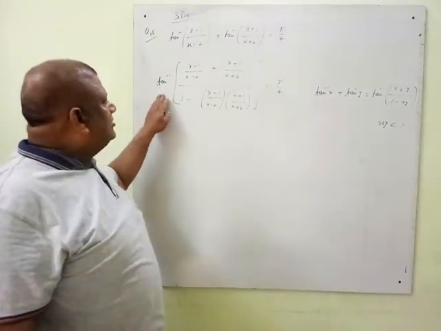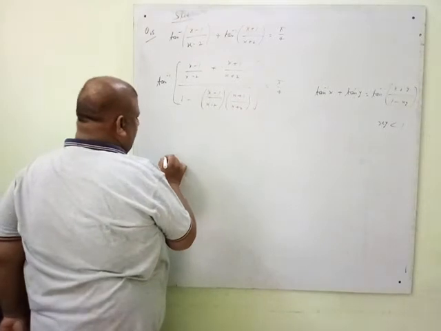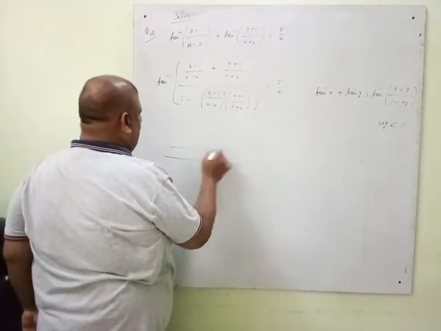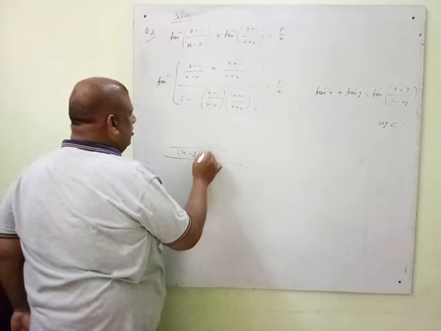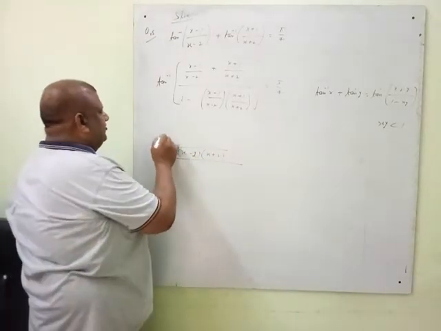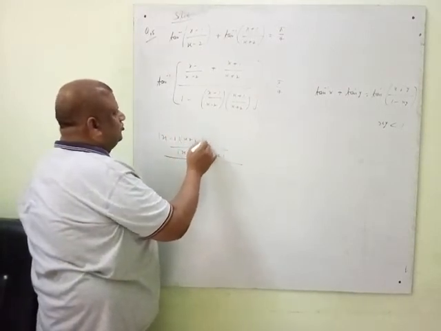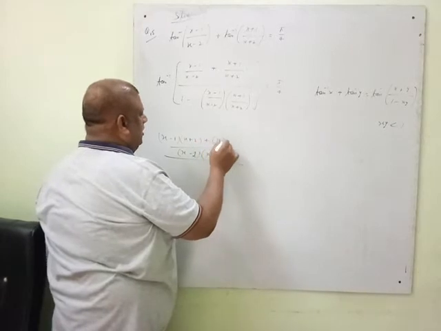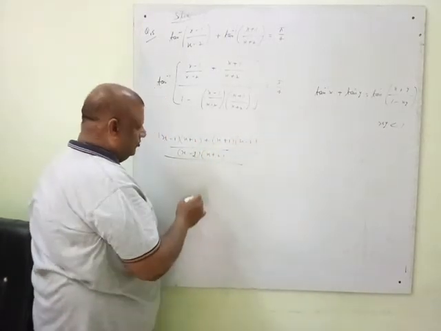Now this tan inverse can be taken to the right side, and simultaneously you take the LCM. LCM x minus 2, x plus 2. It is x minus 1 into x plus 2, plus x plus 1 into x minus 2.